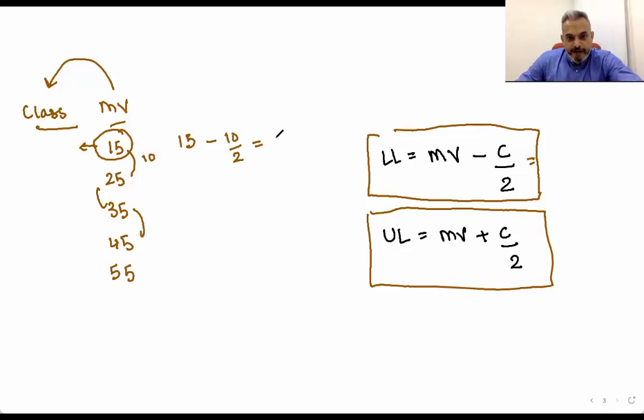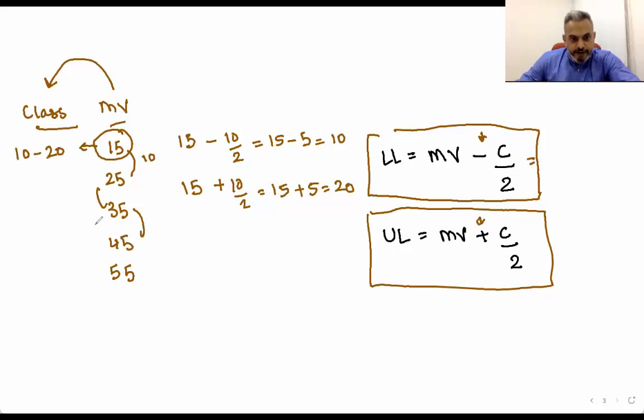So 15 minus 5 which is equal to 10. Then अपर लिमिट फाइंड करना है तो लोअर लिमिट में माइनस किया, अपर लिमिट में प्लस करना है. प्लस 10 डिवाइड बाई 2 विच इज इक्वल टू 15 प्लस 5 विच इज इक्वल टू 20.